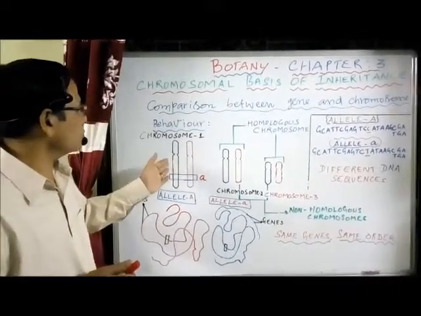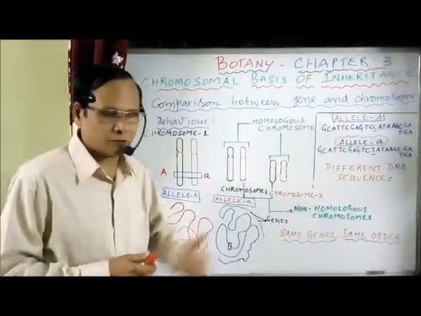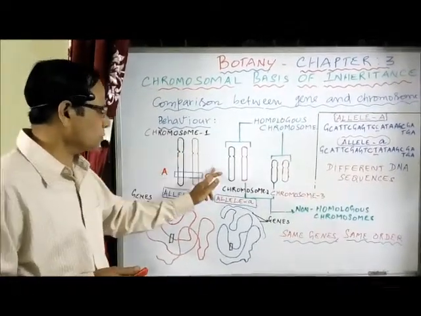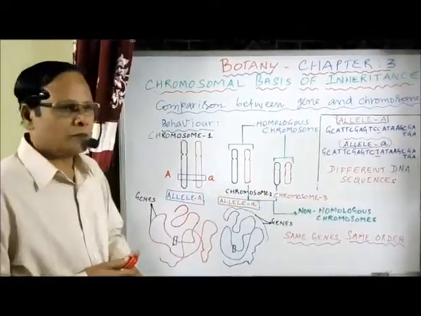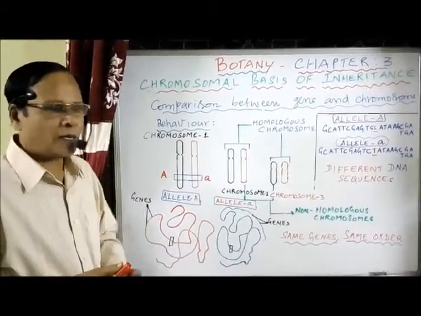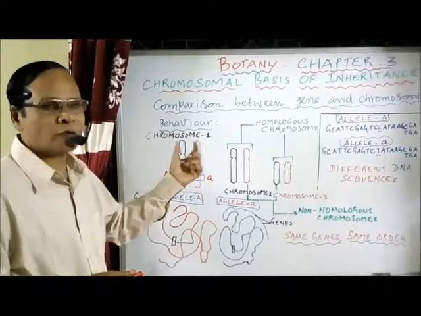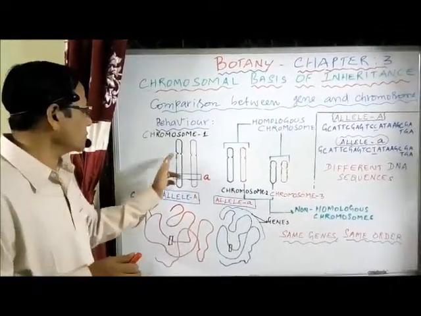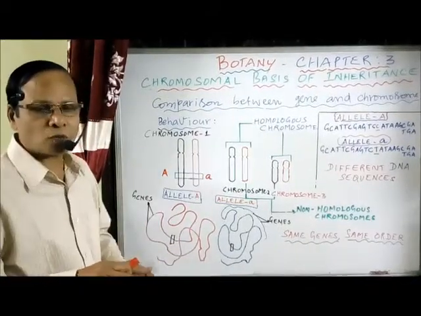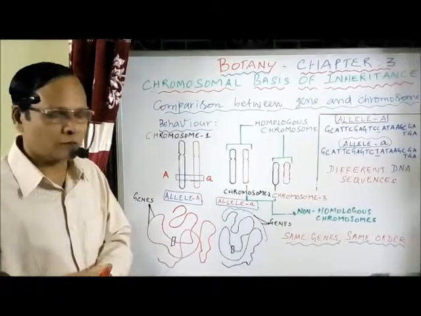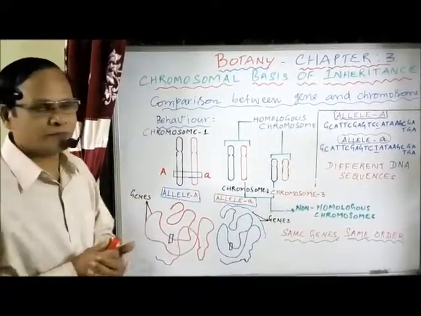Here we have three pairs of chromosomes: chromosome 1, chromosome 2, chromosome 3. In each one a pair of chromosomes is present, and each pair is called a homologous pair. Out of the two chromosomes in a pair, one is coming from the female parent, called the maternal chromosome, for example the black one.